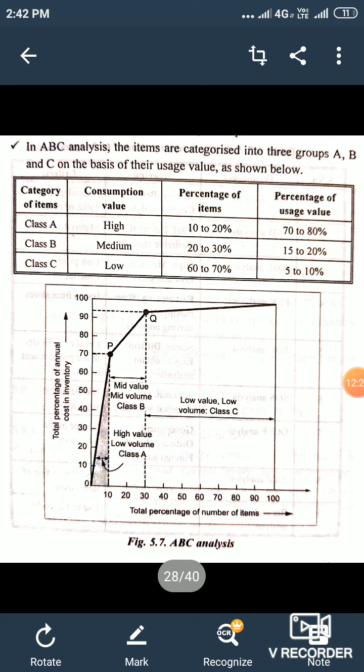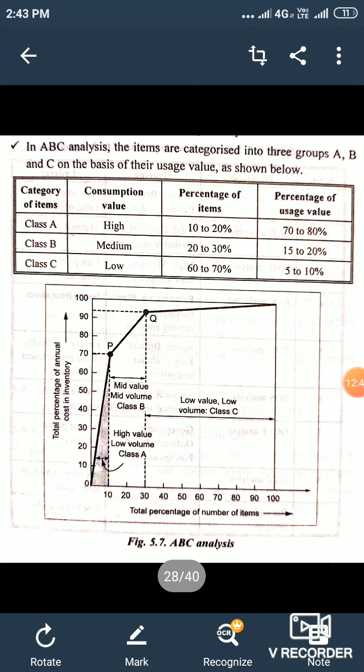So y-axis, that is percentage of total inventory cost is 70 percentage, and the percentage of items is 10 percentage for class A item. It is shown in the graph.